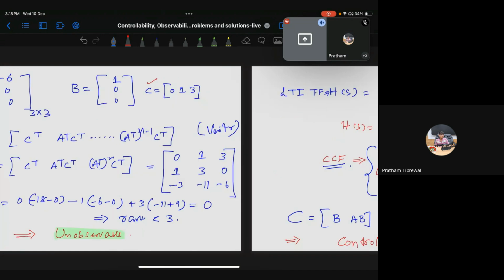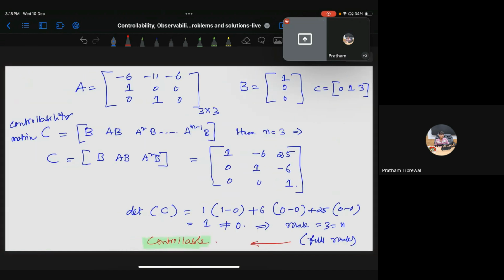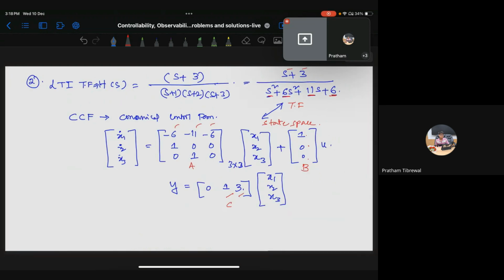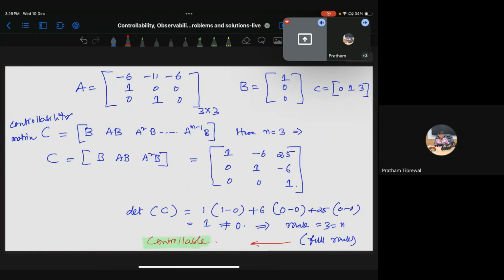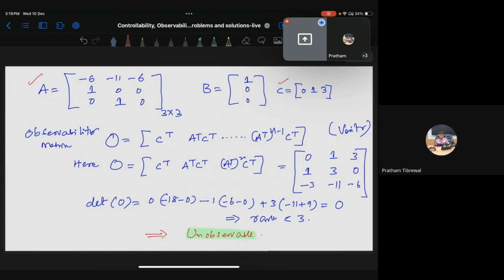So what is the meaning here? If you see the problem, a system is given to us with three state variables, correct? Yes, sir. n is equal to 3. When n is equal to 3, the same system is controllable but not observable, correct?